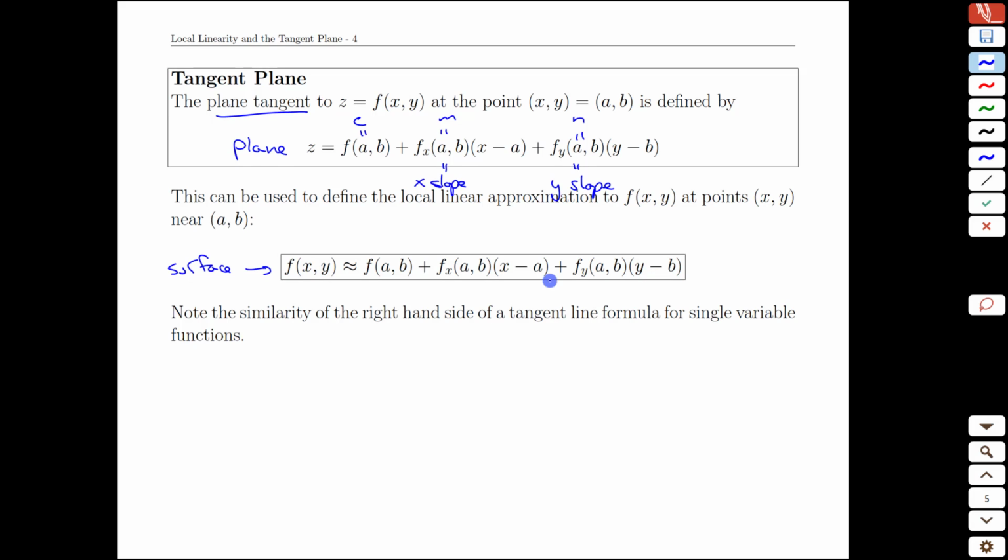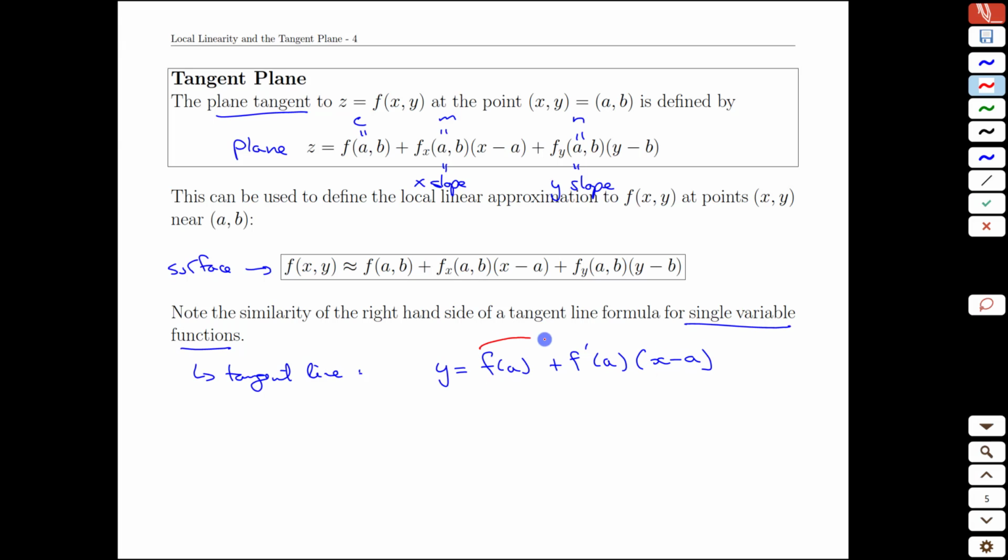At this point, it's worth throwing back to what we saw earlier in the course, which was the single variable functions, where we had a tangent line, and that was given by y equals f of a, notice the parallel to f of a and b, plus f prime of a, well, that was a slope, times x minus a.